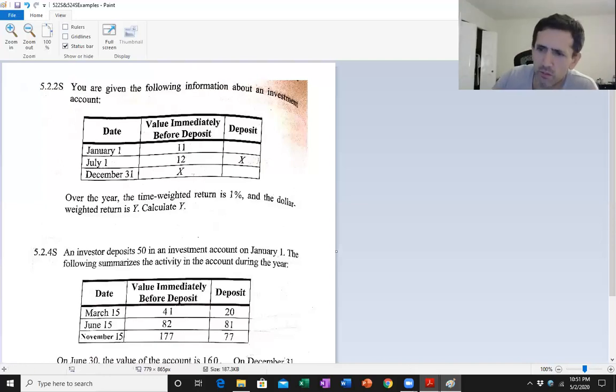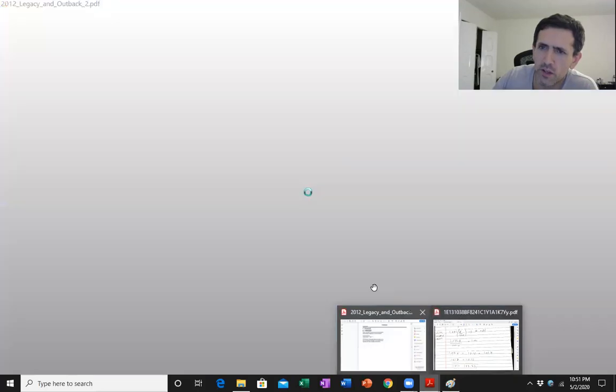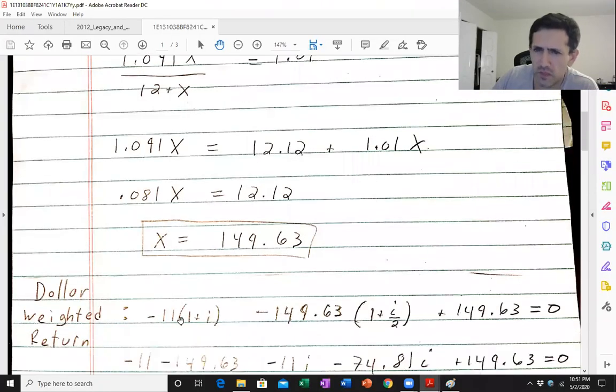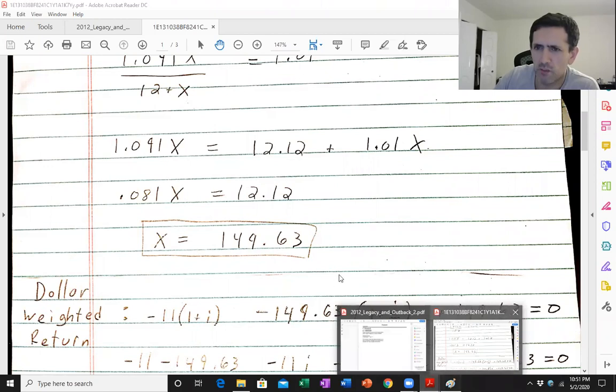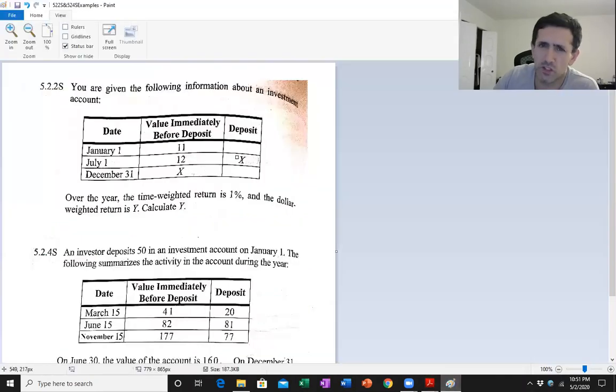Okay, so with that in mind, the minus 11 initial deposit accrues 1 year of interest. The minus 143.63 accrues a half year of interest because that was made on July 1st, and July 1st to January 1st is 6 months.